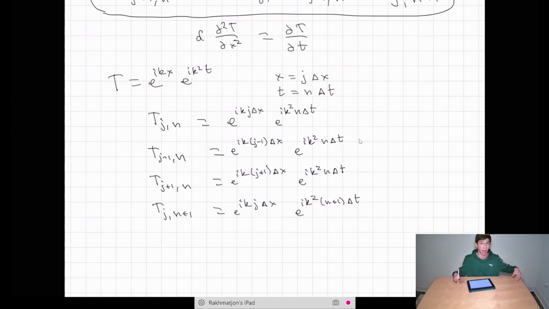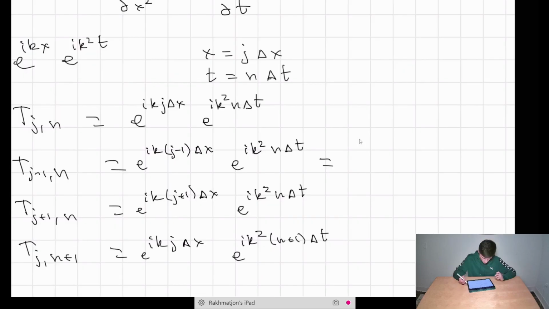Okay, so now can we express all of the terms in terms of T at j at time n? This term is going to be T j at n multiplied by e to the negative i k delta x, if I divide it into two powers.